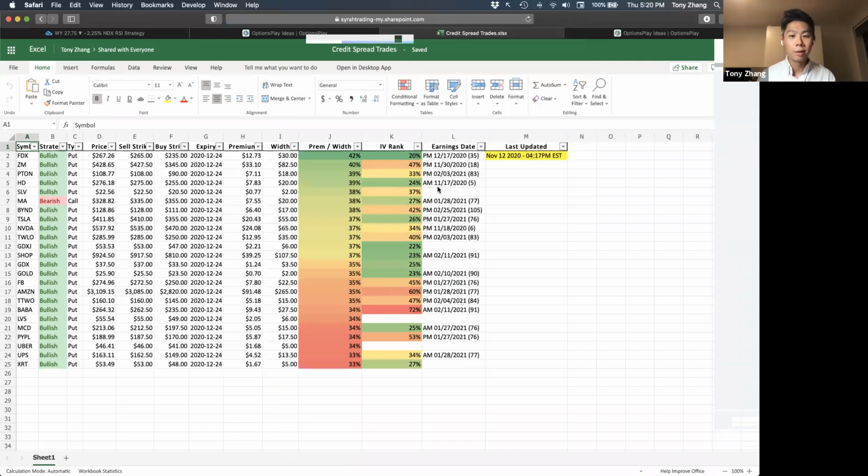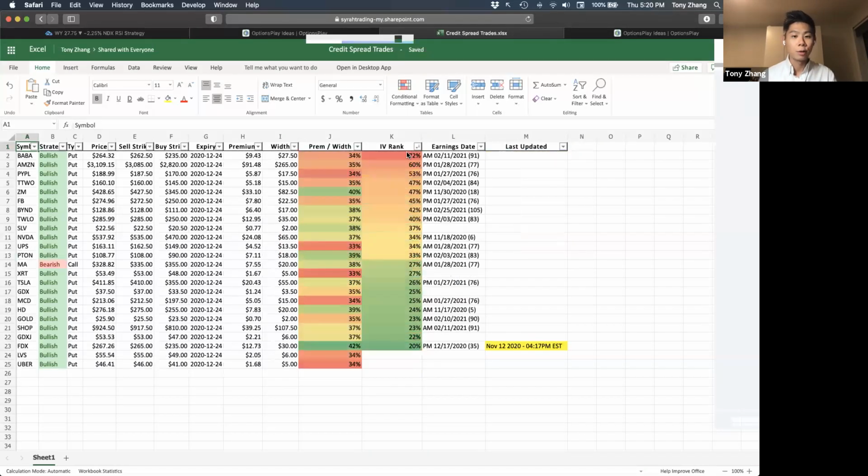Many times, investors sort by IV rank, because they want to sell credit spreads when IV ranks are really high. So Amazon, PayPal, Alibaba, Take-Two are all ones where the IV rank is the highest. For example, Zoom has a high IV rank, and we're collecting 40% of the width here. So this is one that I would identify as a potential opportunity if I was selling credit spreads.